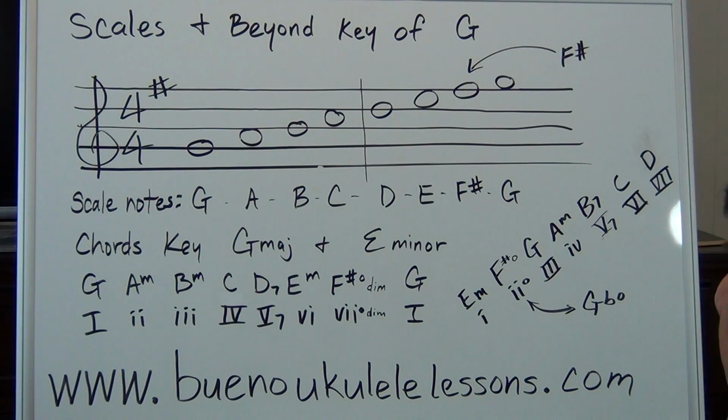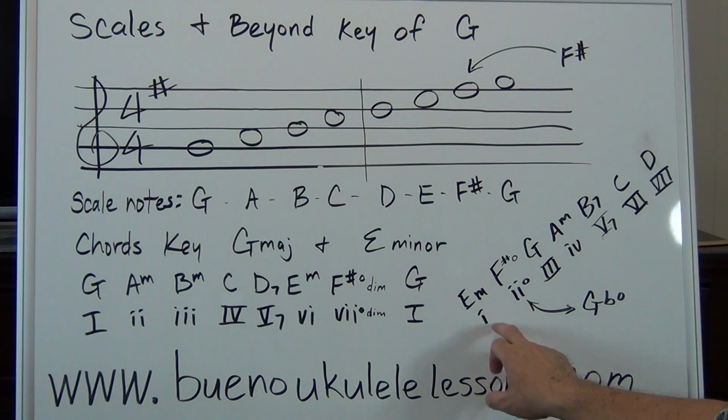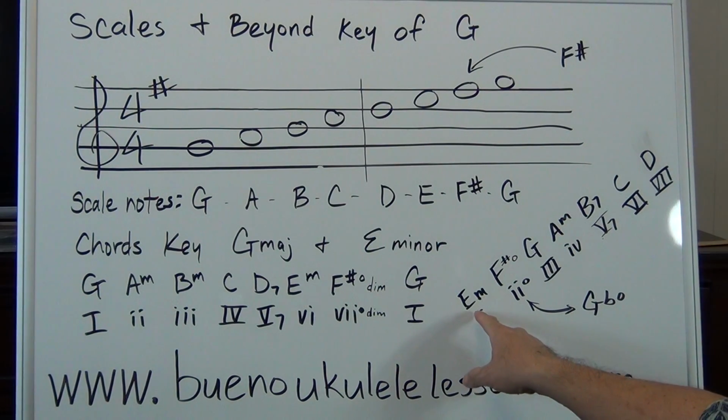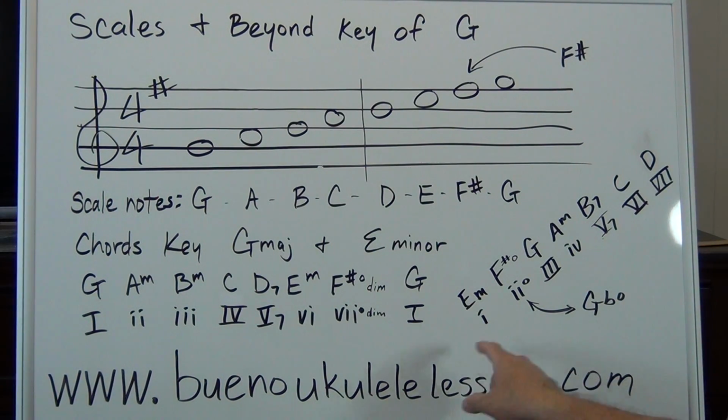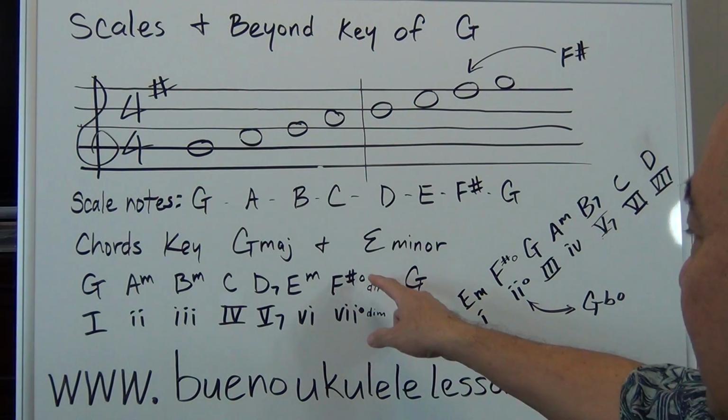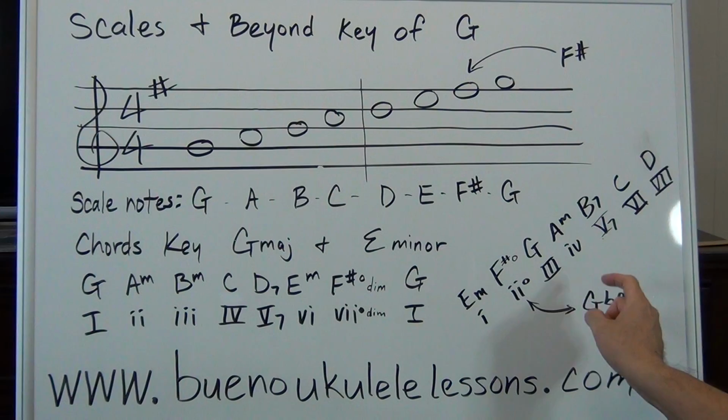So when we go to the key of E minor, E minor is the first chord in that key. So it's a 1 chord, but because it's a minor chord, we mark it as a little Roman numeral 1. That's an E minor. Whenever you see that circle right there, that means diminished.